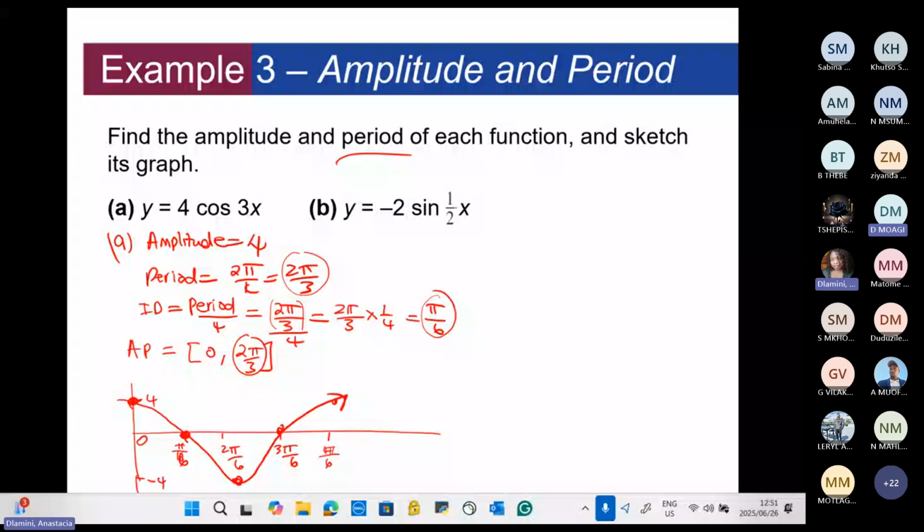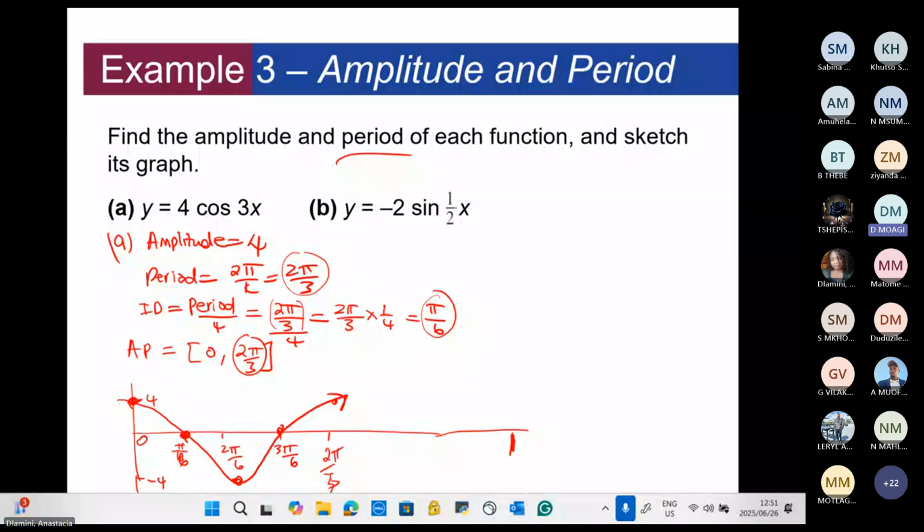So now, for the next period, if this is 2 pi over 3, for me to draw the next period, where should I end? I just want to see if you understand. Where should I end?